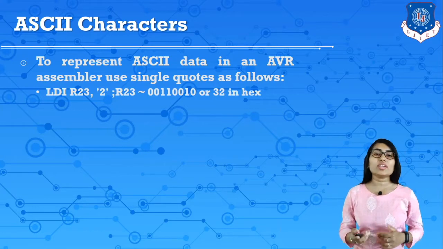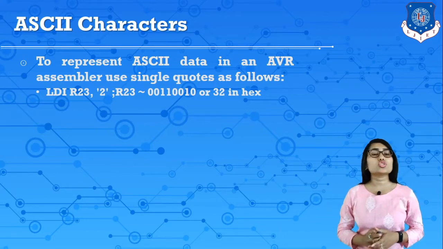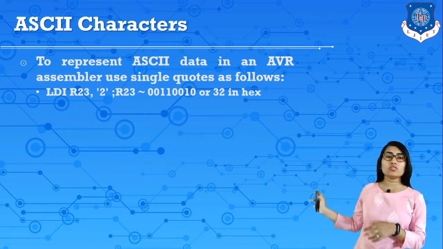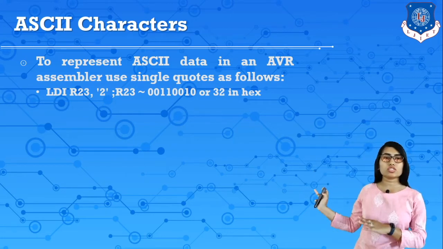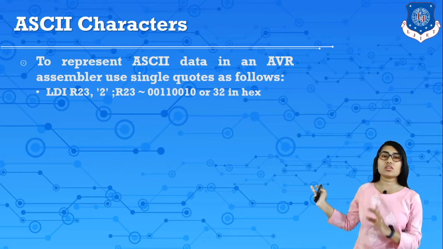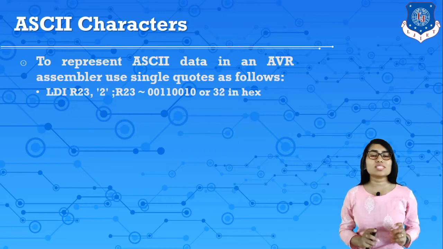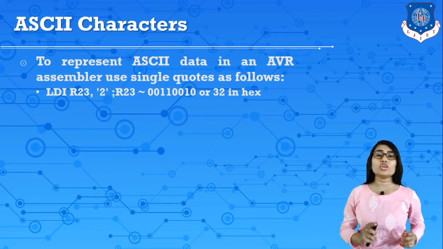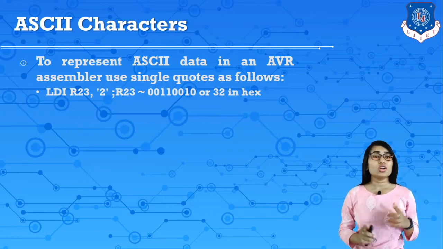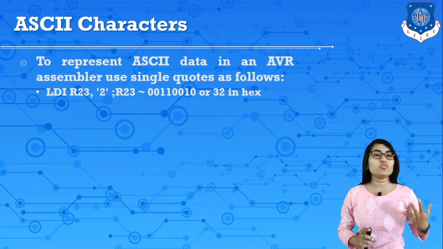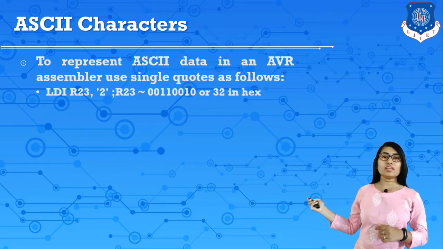So in R23 this data is stored. The text followed by a semicolon is a comment, so we can remember what operations are performed here. To represent ASCII data in the AVR assembler, use single quotes like this, for ASCII numbers, characters, or any kind of letters.